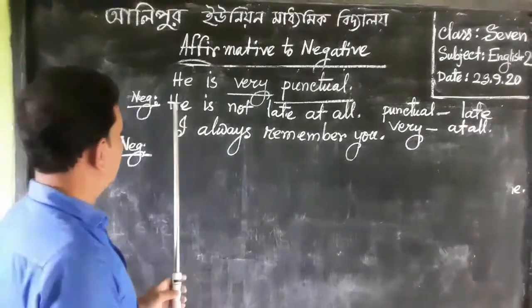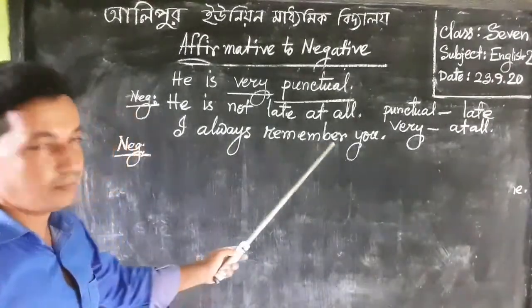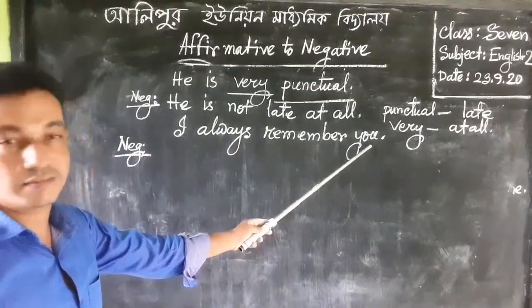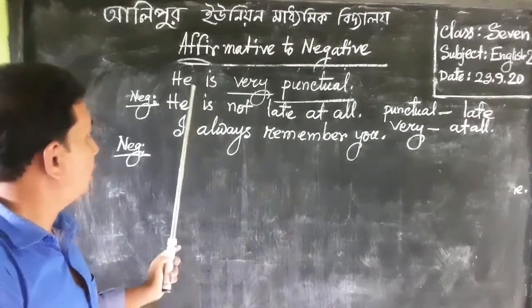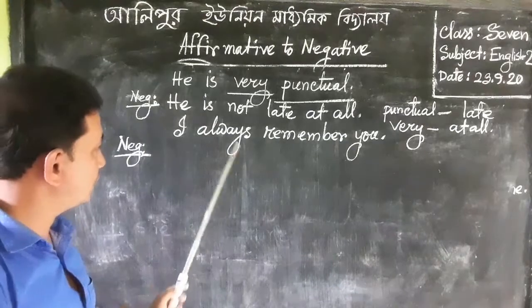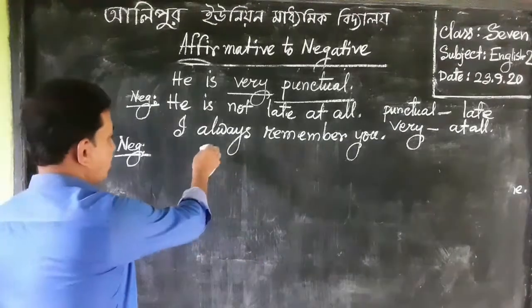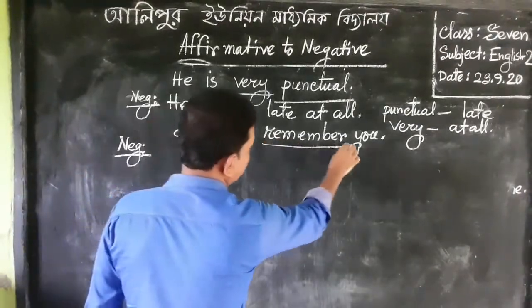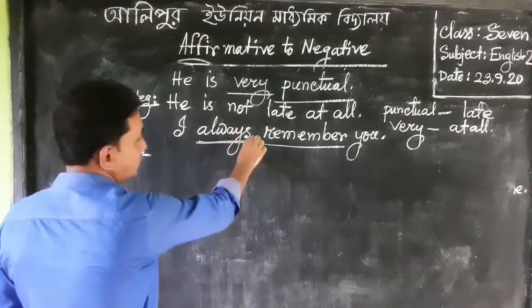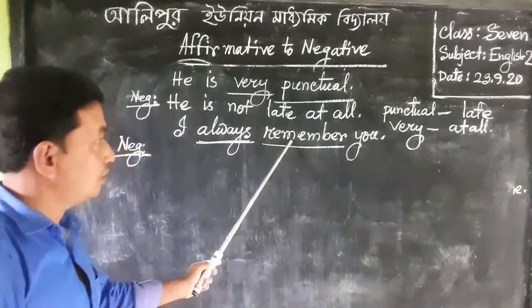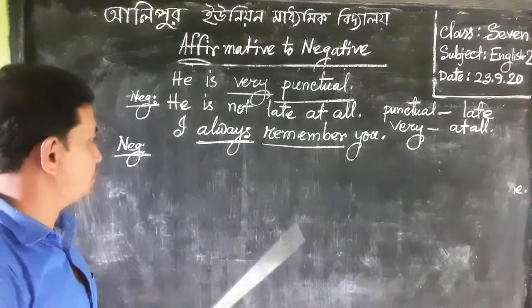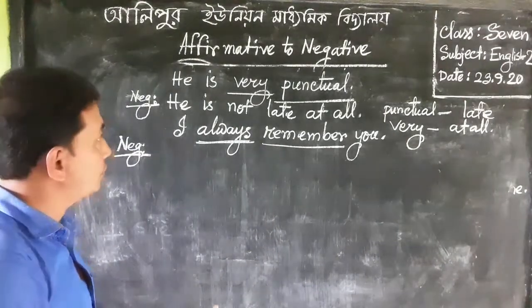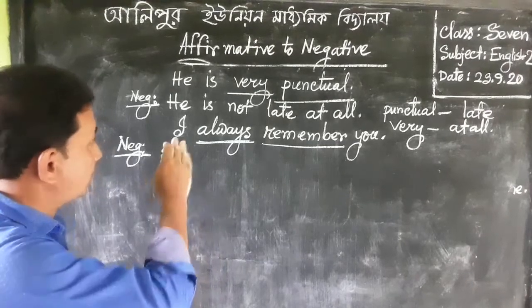Dear learners, I always remember you. This is an example of an affirmative sentence, and we have noticed some specific rules. Always is a word, remember is a word. Always is an adverb, and remember is a verb. And these two parts of speech have different rules of affirmative to negative.